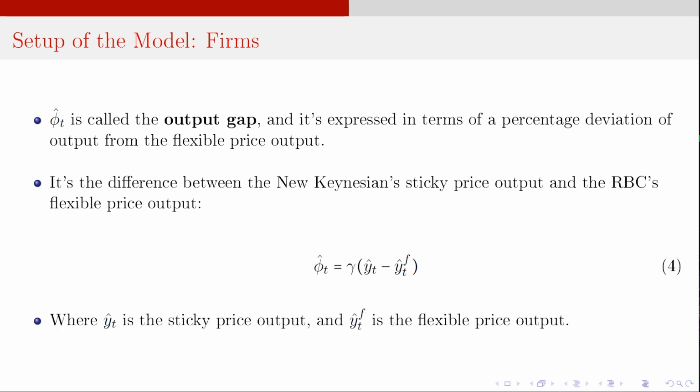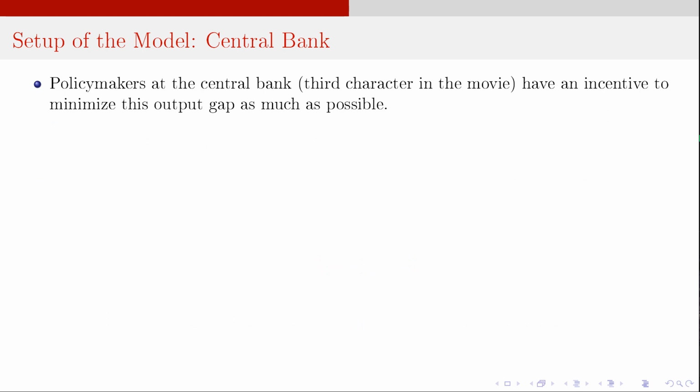So this YT hat is the sticky price output, and this YTF is the flexible price output. If the sticky price output is below the flexible price output, meaning it's less, the output gap is negative. If it's larger, the output gap is positive. And this gamma determines what the elasticity is on that. That elasticity is going to show up when we're looking at the slope of the new Keynesian Phillips curve.